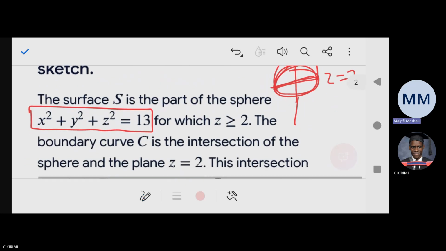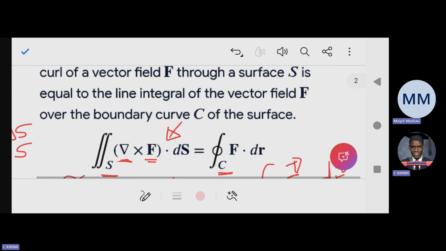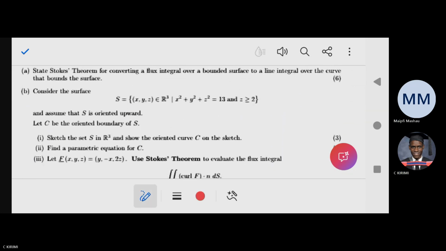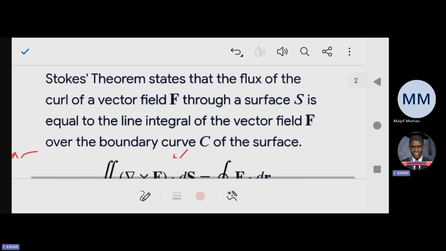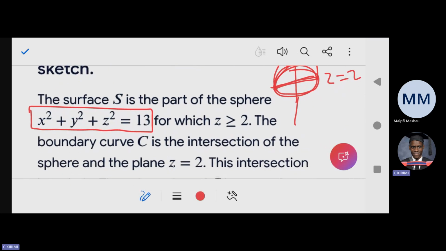Is that z equals 2 given in the equation? Yes, it's given here. We are told that it should be greater than or equal to that. And remember your axes will be somewhere there. So this will be x, this will be y, and that will be z going upwards.